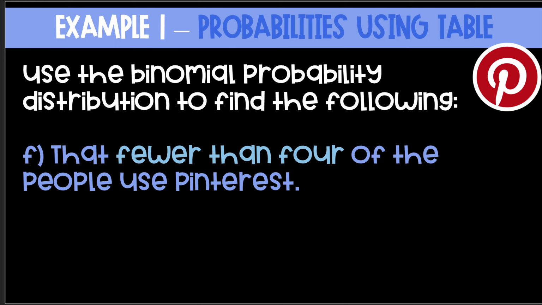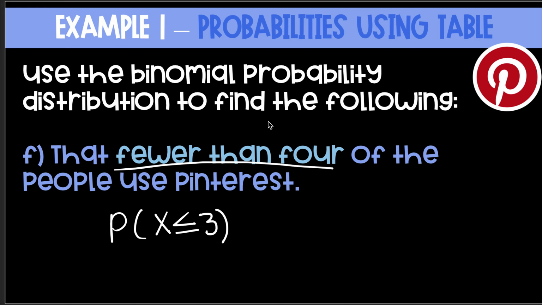The probability that fewer than 4 of the people use Pinterest. Fewer than 4 does not include 4. I go 1 before 4, which is 3. So the probability that x is less than or equal to 3. Because the probability of x is less than 4 does not include 4, and our command in Excel only allows me to find up to the point, I have to go 1 before that.